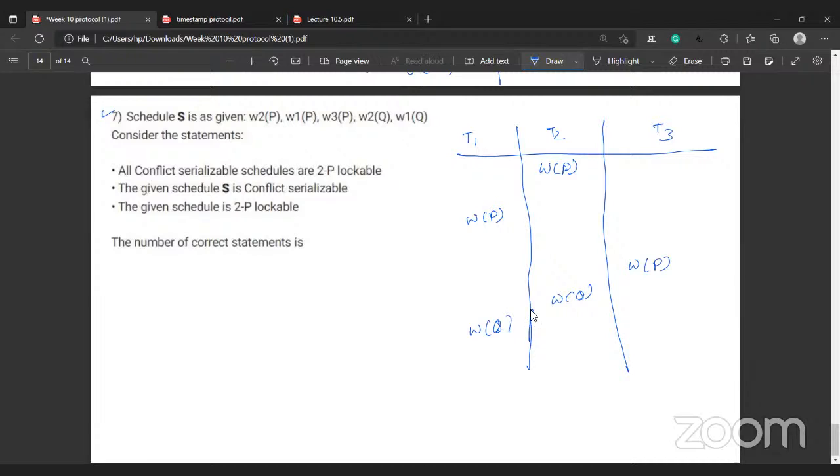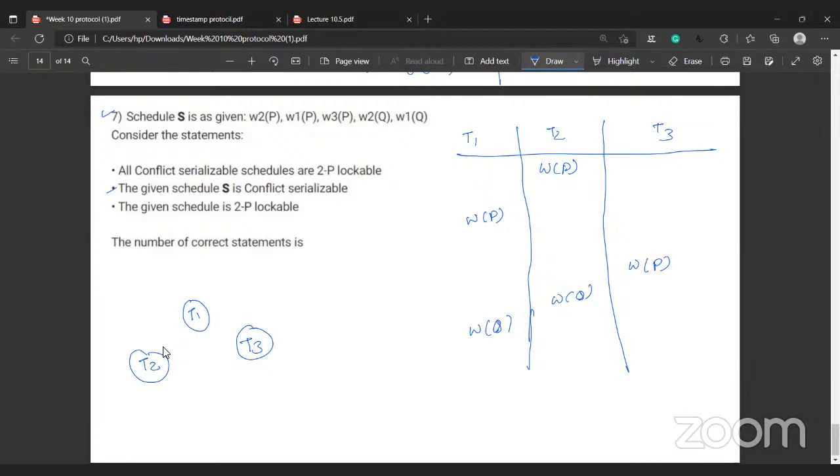So everyone got it? First, let's see whether the given schedule is conflict serializable or not. So let's draw the precedence graph: T1, T2, and T3. Can anyone help to draw the precedence graph?